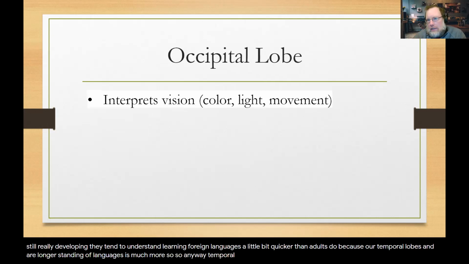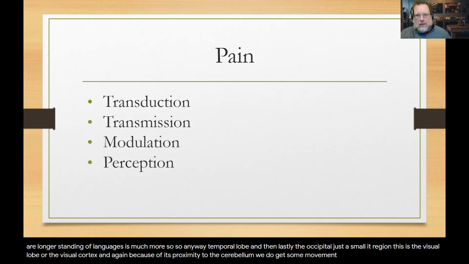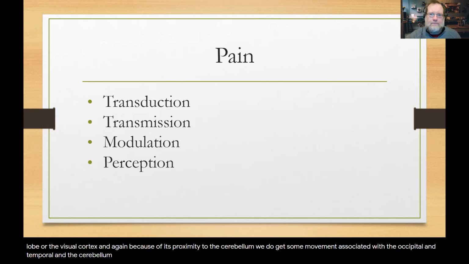And then lastly, the occipital, just a small region. This is the visual lobe, or the visual cortex. And again, because of its proximity to the cerebellum, we do get some movement associated with the occipital and the cerebellum.